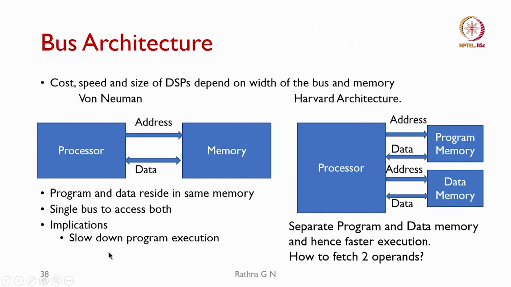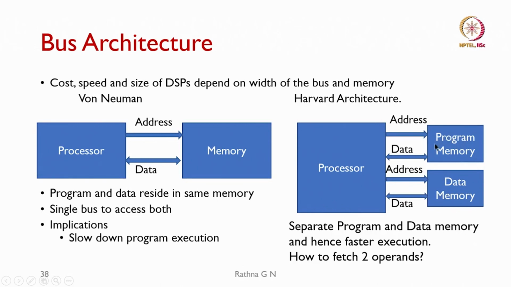This is going to slow down the program execution, whereas in the Harvard case, we will have program memory separate and data memory separate. So, I can access the program from the program memory and the data from the data memory. As we know, there are two operands I need for my multiplication and accumulation.